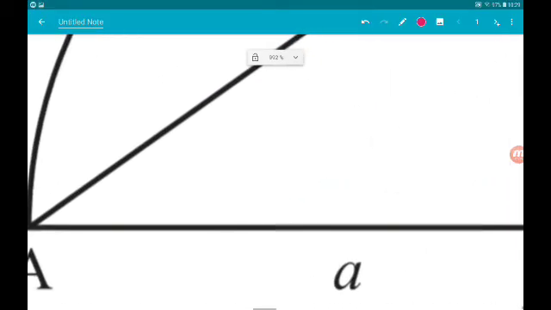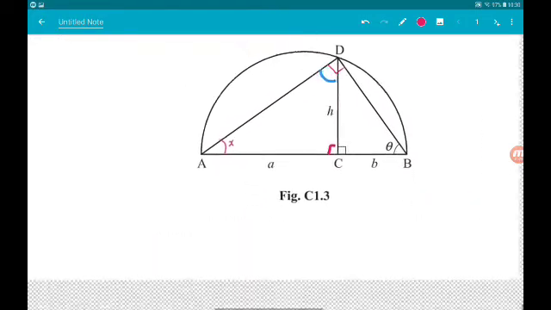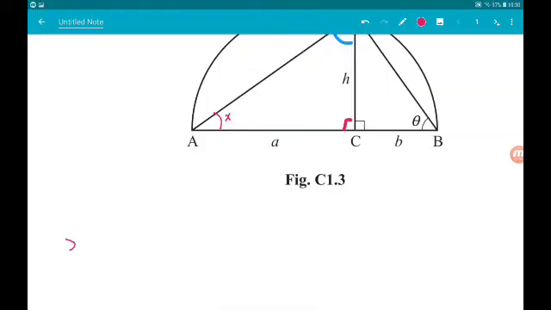Now if we call this angle x, then we know that x add 90 add theta is equal to 180.